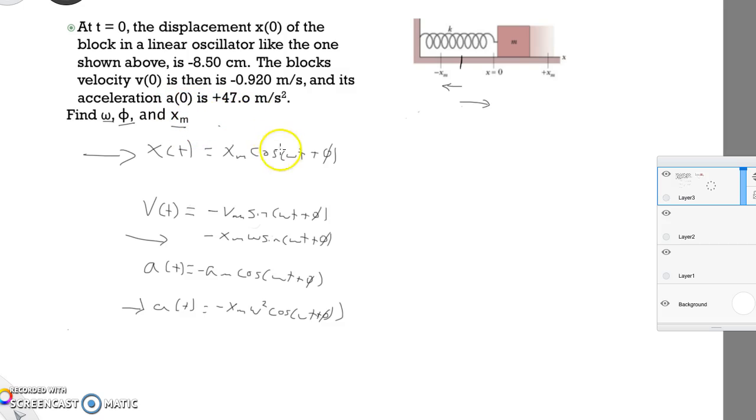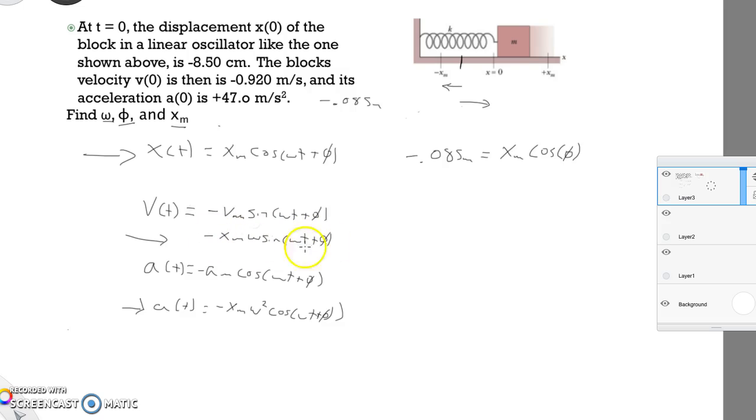Now we're going to substitute in what we know at time zero for each of these. So we know that at time 0, the position is negative 8.5 centimeters, which is negative 0.085 meters, equals x sub m times cosine of phi.